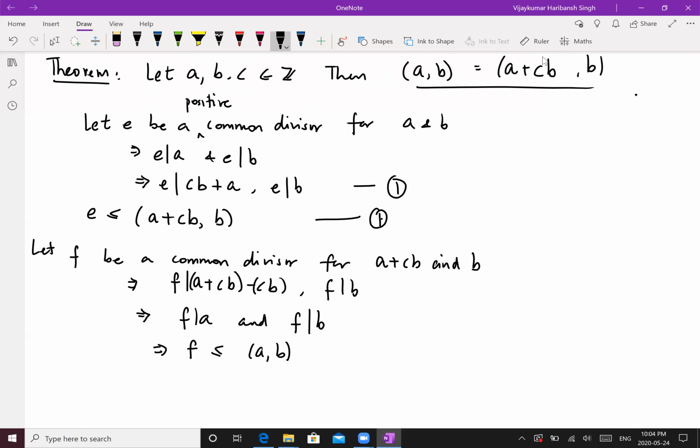Now from 1 and 2 our argument follows, because E is less than or equal to GCD of A plus CB, B, where E is any common divisor of A and B. So we get that any common divisor of A and B is going to be less than or equal to GCD of A plus CB and B. So what is the upshot of that?